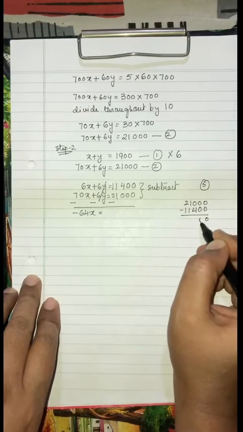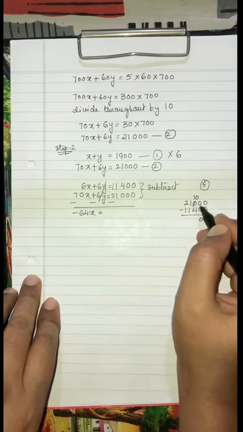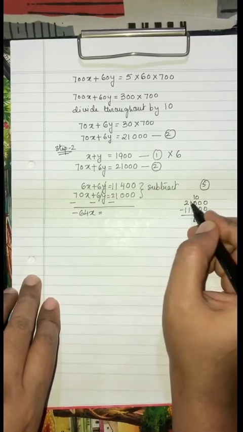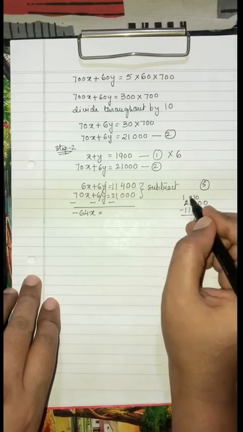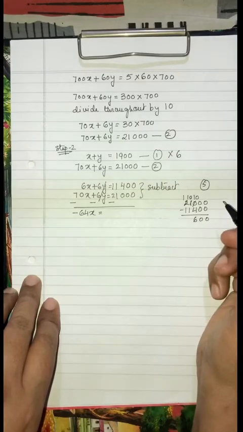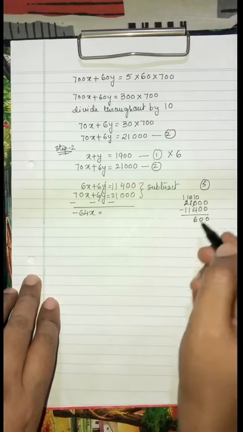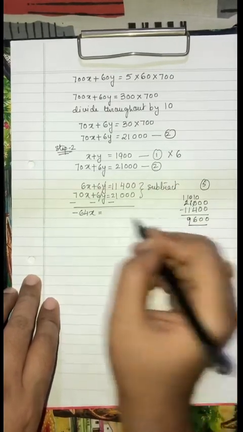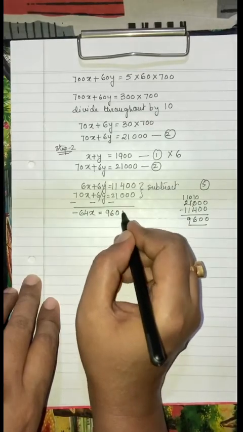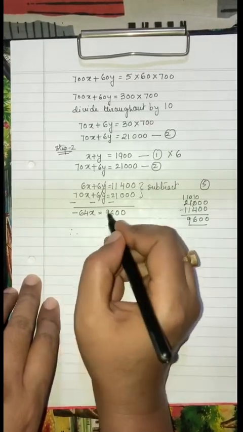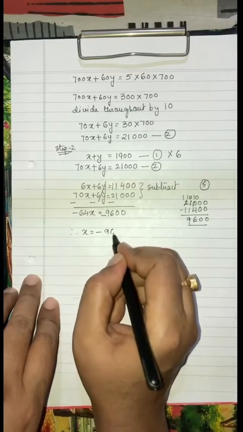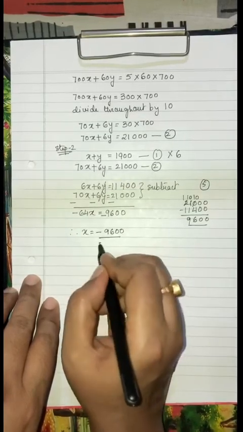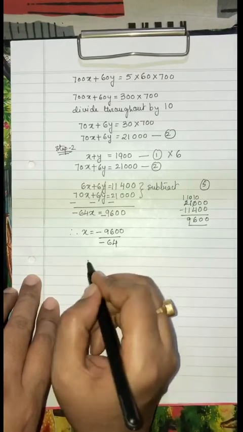This will give you 10 minus 4 is 6. You have borrowed, so here 0, and here 10 again, so 9600, and it will be negative. So x is equal to 9600 upon minus 64.